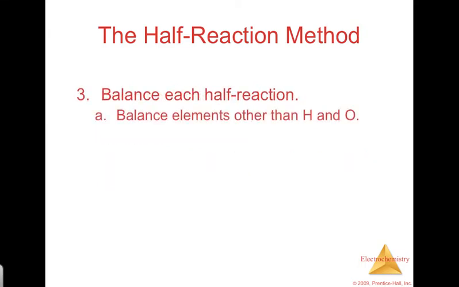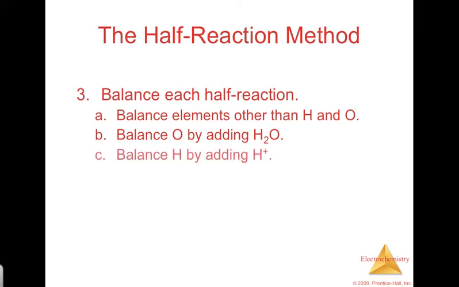And you're going to balance each half-reaction, focusing on the elements other than hydrogen and oxygen. Then you're going to balance the oxygens by adding H2O to the side that is deficient in the number of oxygens. And you're going to balance the hydrogens by adding H+, the hydronium ion, to the side that is deficient in the hydrogen atom.